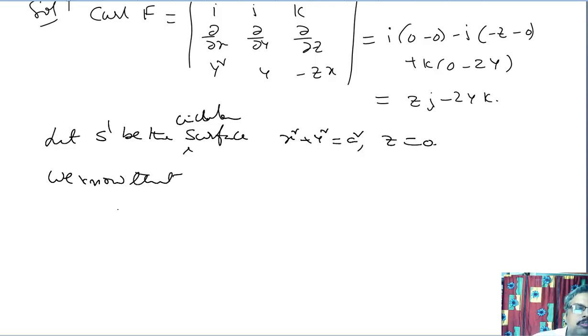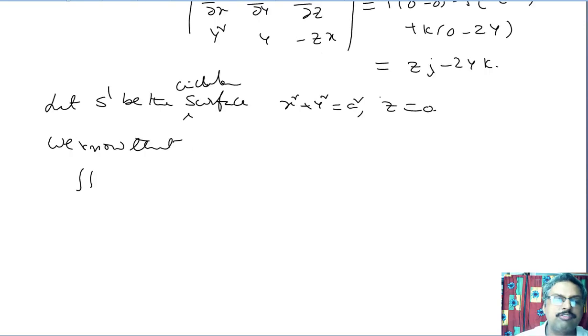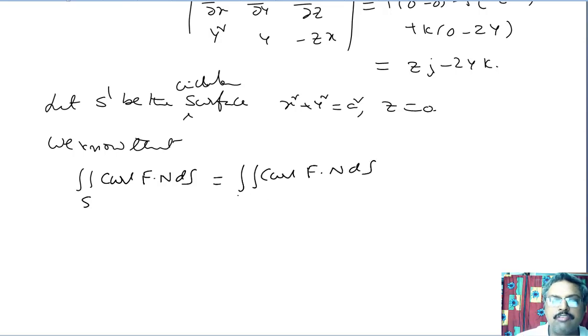We know, as we already discussed, that the double integral of curl F dot n dS equals the double integral of curl F dot n dS over the circular surface.